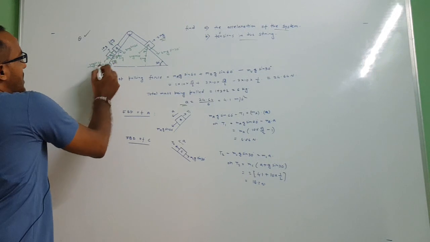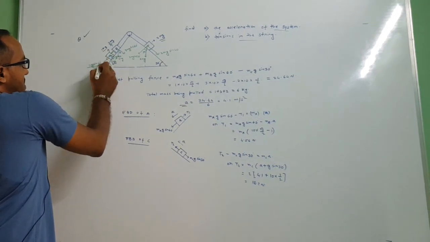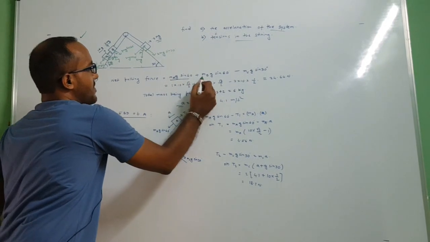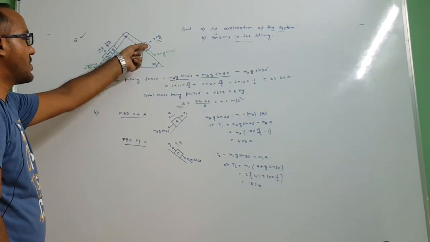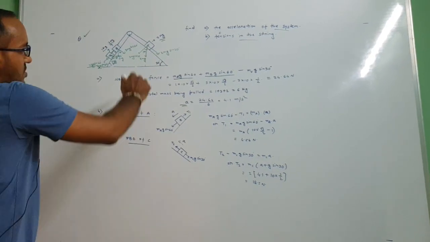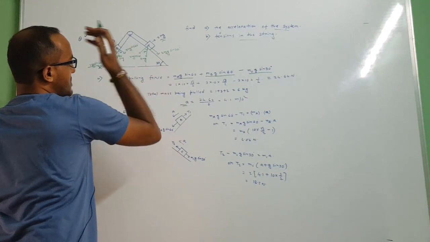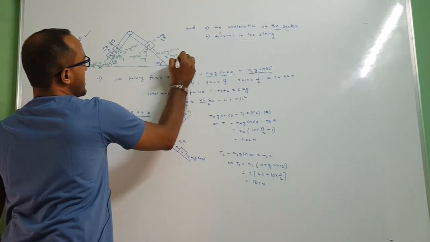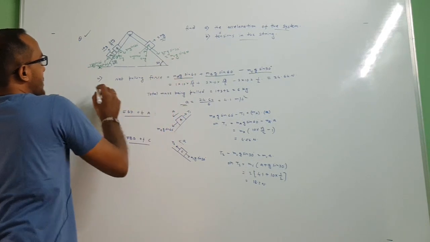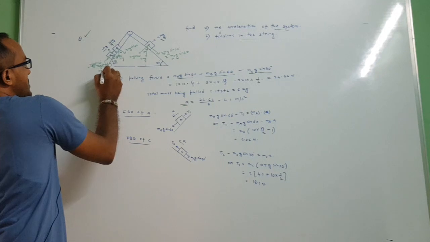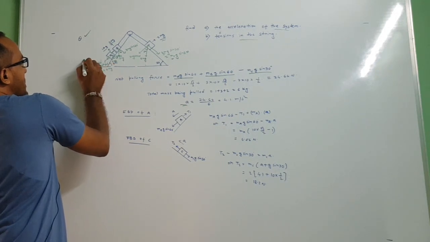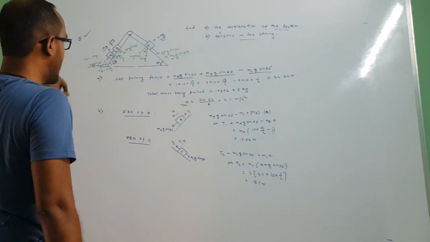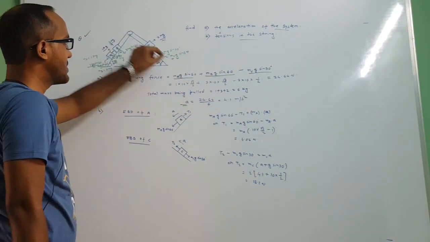Let us say this mass is for A, and this is for B. So our net pulling force would be m_A g sin 60 plus m_B g sin 60, minus this block C, which is trying to pull the object to the other side, so minus m_C g sin 60. Here m_B is 3 kg, m_A is 1 kg, and m_C is 2 kg.